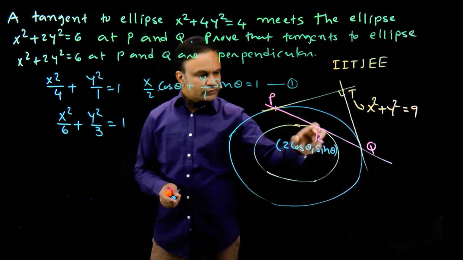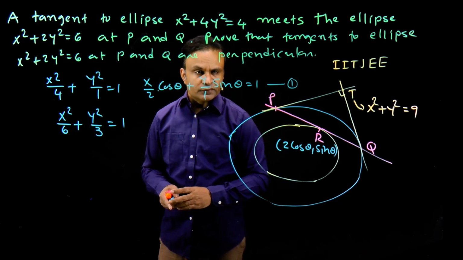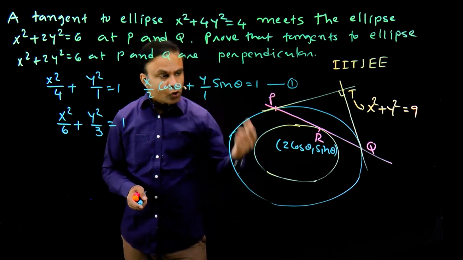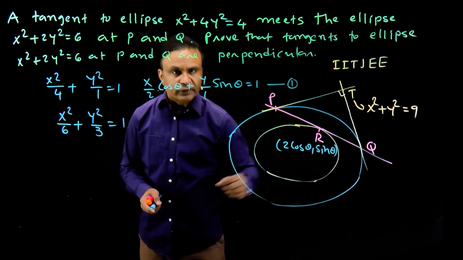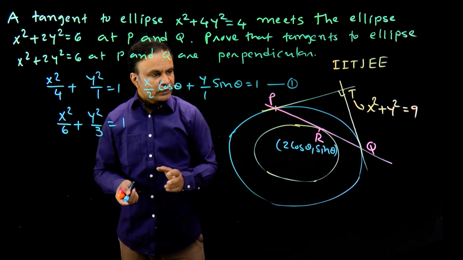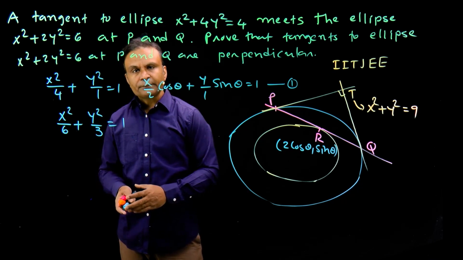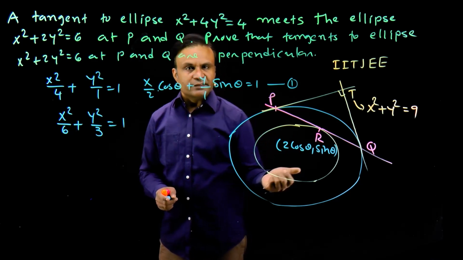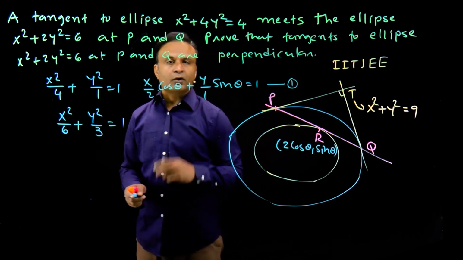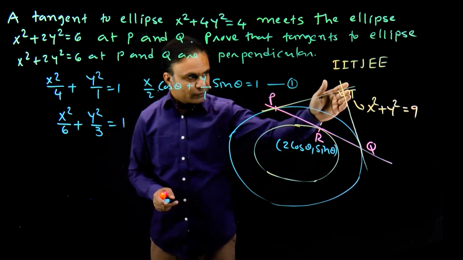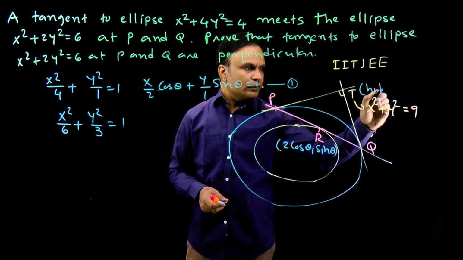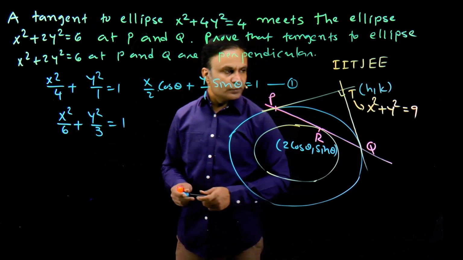Now line PQ is tangent to the smaller ellipse, but with respect to point T it is actually chord of contact of outer ellipse. This line PQ is a different line for different curves: for the inner ellipse it is tangent, and for the outer ellipse it is chord of contact with respect to point T. We have to find the locus of point T. So let's assume the coordinates to be h comma k.